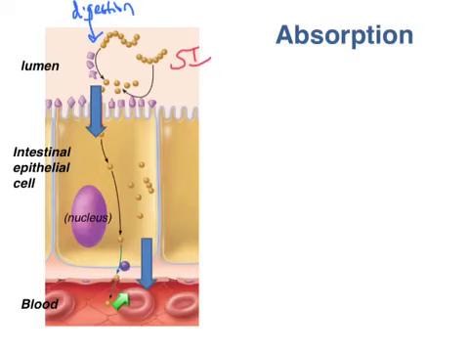Most nutrients are taken up directly by the blood. Large fat molecules, because they're hydrophobic, and they're packaged in a way that they don't actually fit in the blood, are taken up into the lymph.